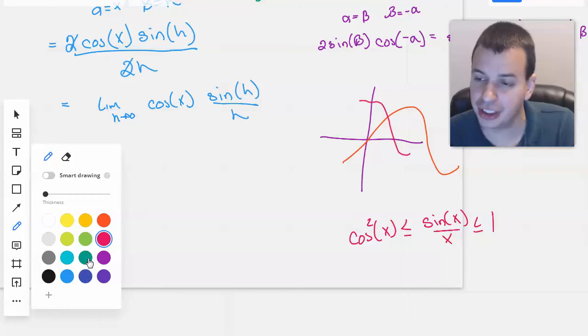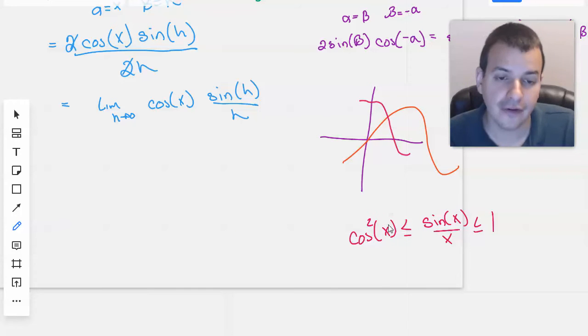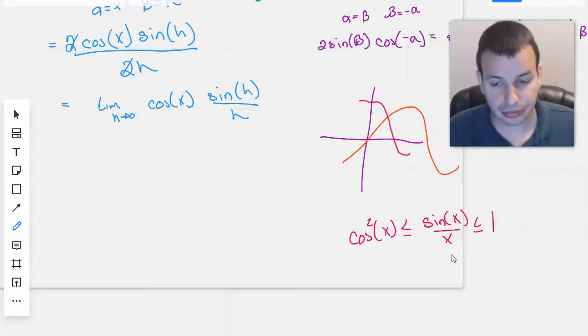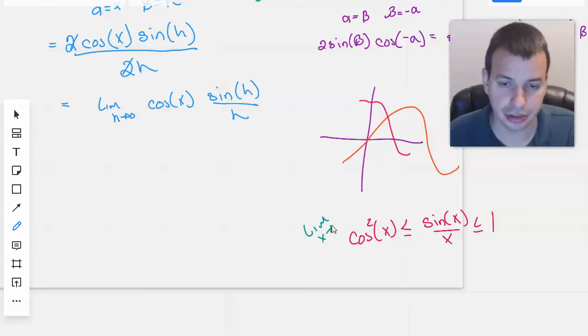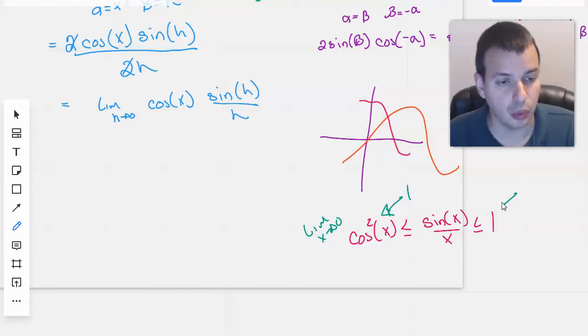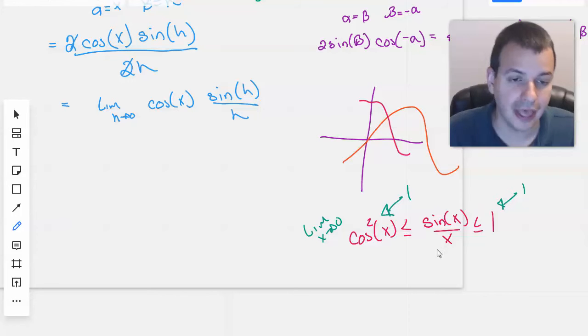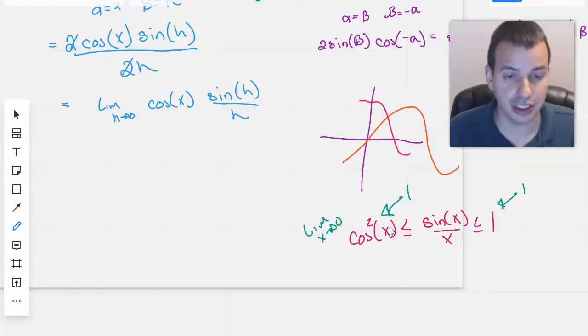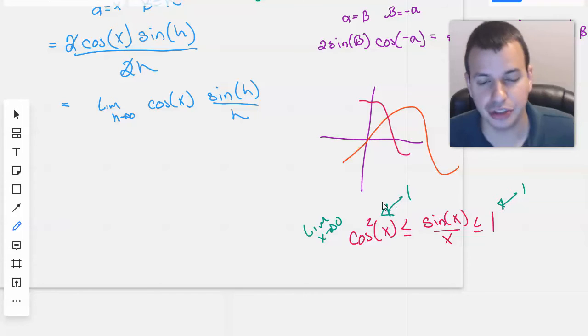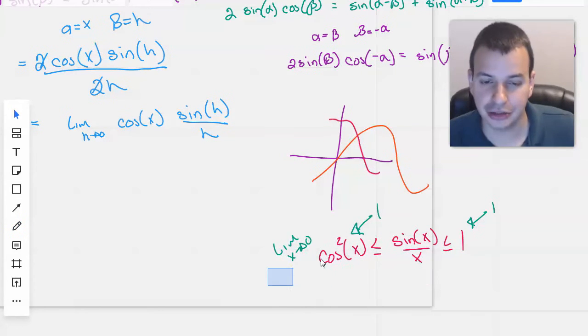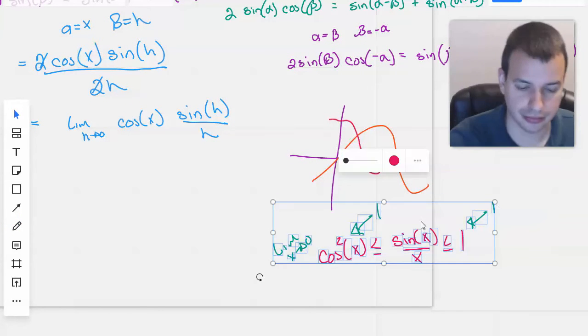And what it shows then is for the limit as x approaches 0, this goes to 1. 1, well, it's already at 1. And so if you have something that's between 1 and 1, well, then that's probably going to be 1. And that's the idea behind the squeeze theorem in general. And so then that shows that, okay, that's going to be 1.